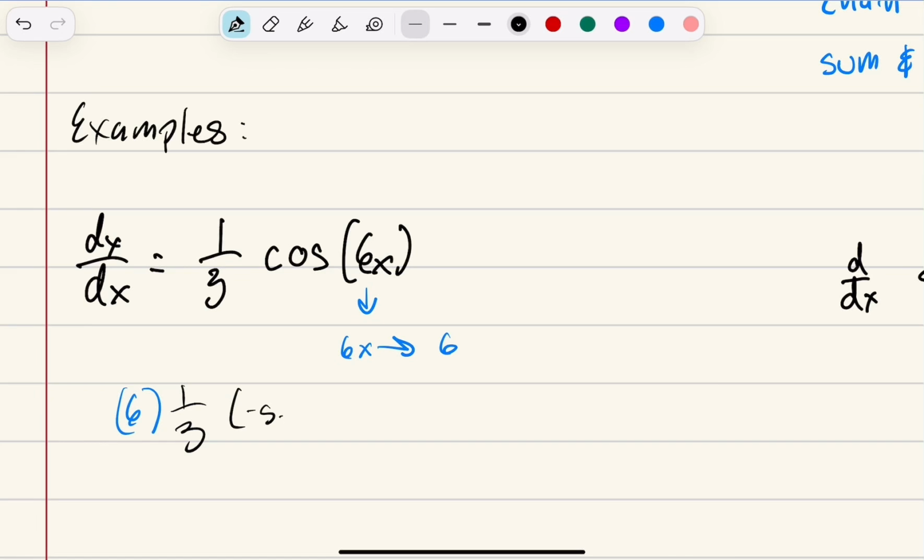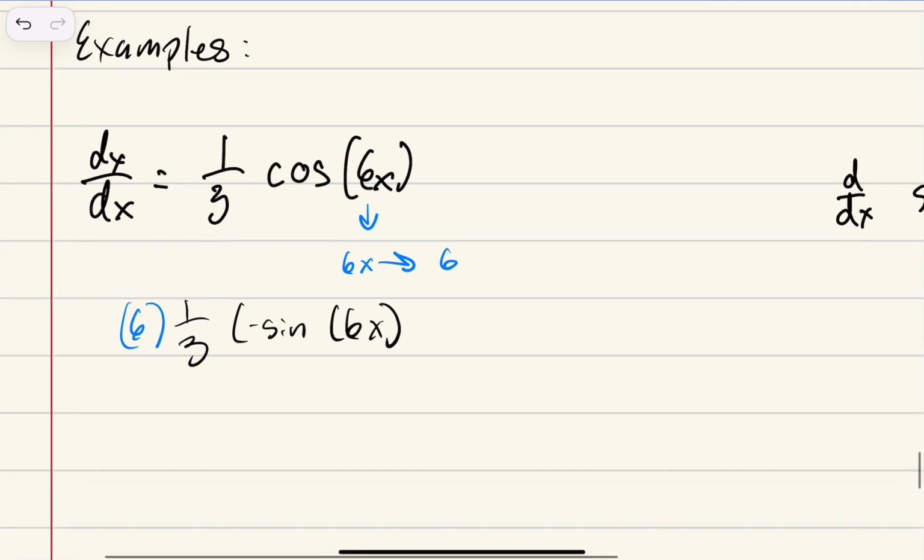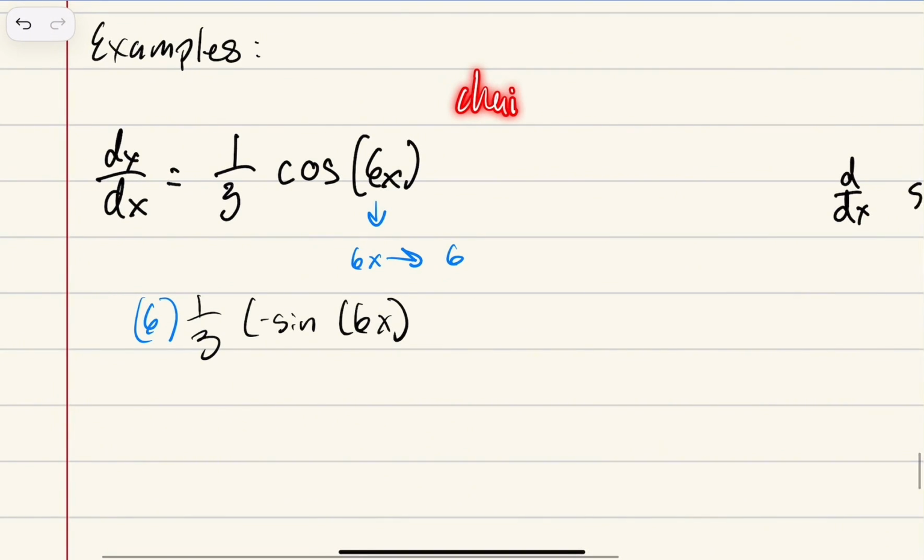So we also have negative sine, and then we have 6x. The reason for that is because chain rule says it's f of g of x times g prime of x.